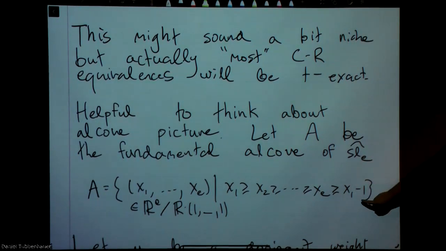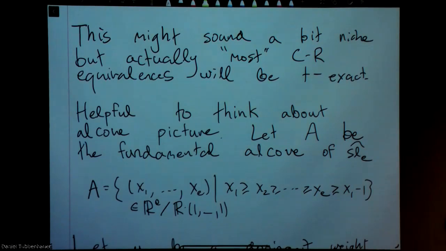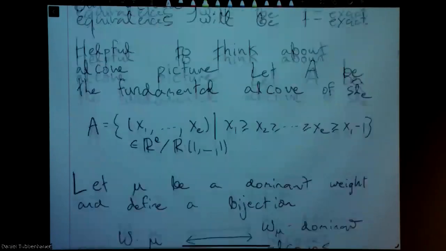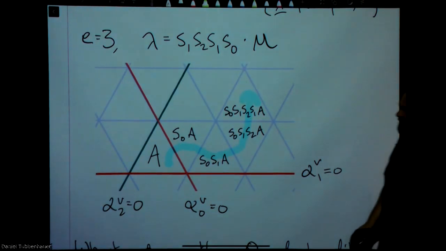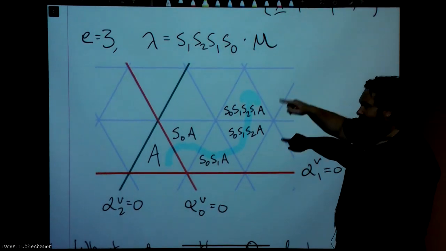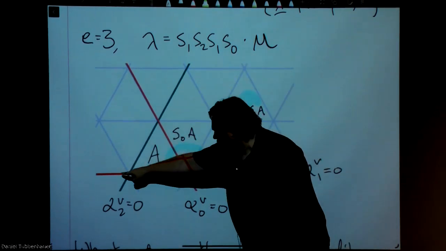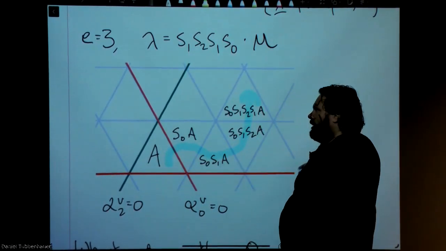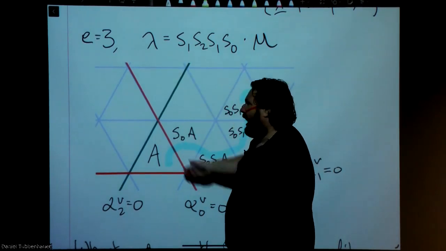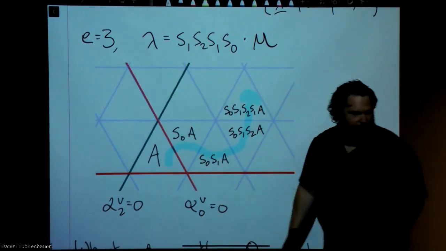So making it the alcove is I add in the additional restriction that x3 is greater than or equal to x1 minus 1. Right? And the picture you should have here is the SL3 hat picture. So here are the boundaries of the dominant Weyl chamber for SL3. I add in another restriction, which is this hyperplane.